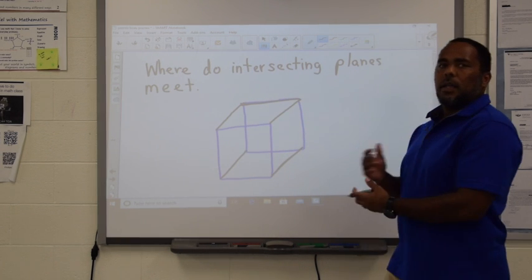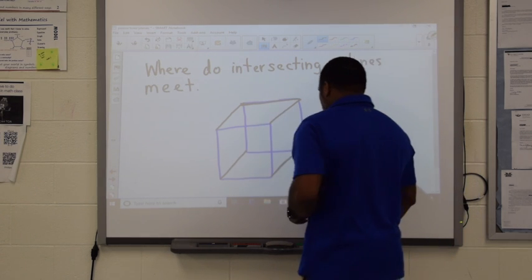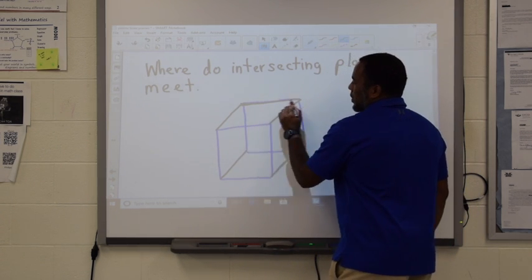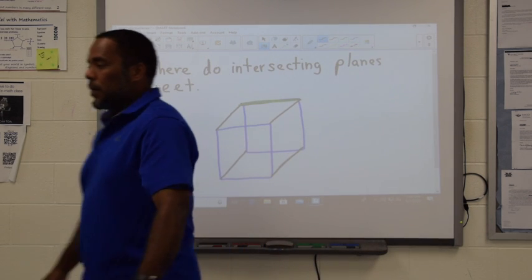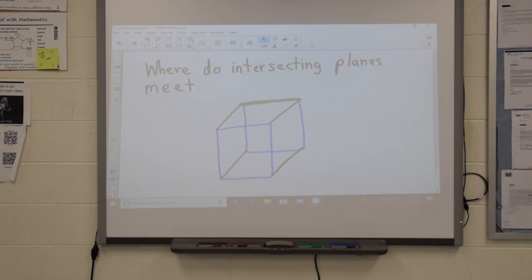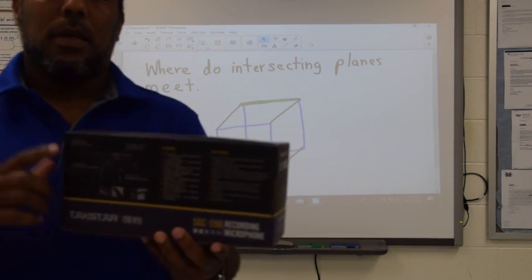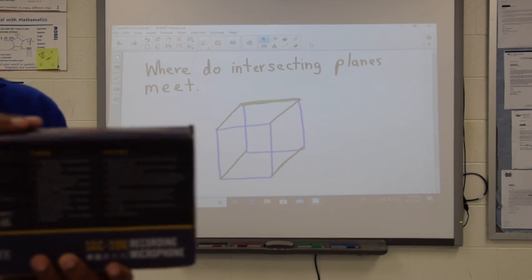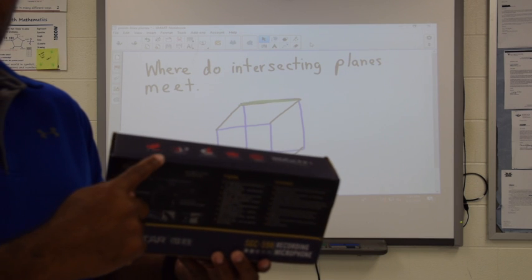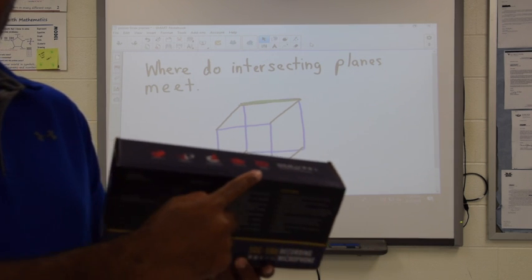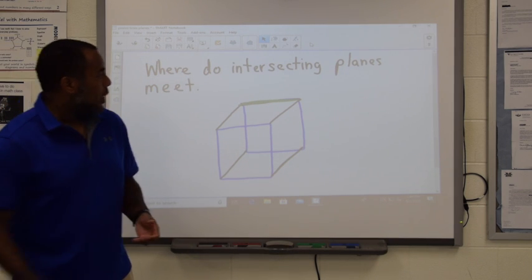It's kind of funny to see it in this two-dimensional plane, but the top of the box and the back of the box intersect along that ridge. And maybe a little bit easier to see it with a box that looks like this. You have the top of the box and the front of the box, and they intersect along this line right here. So not too bad.